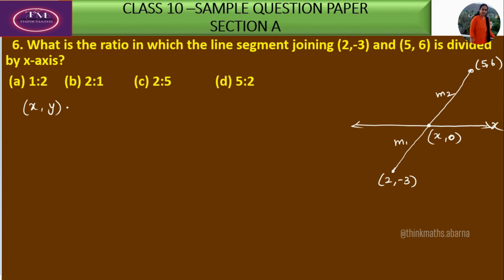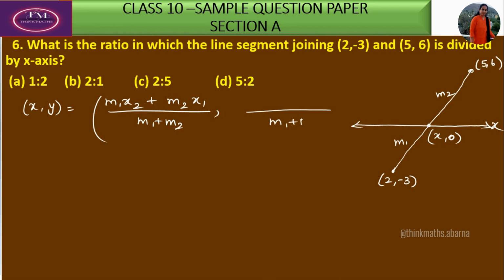The section formula: (x, y) = ((m1 x2 + m2 x1)/(m1 + m2), (m1 y2 + m2 y1)/(m1 + m2)). So this is the section formula.